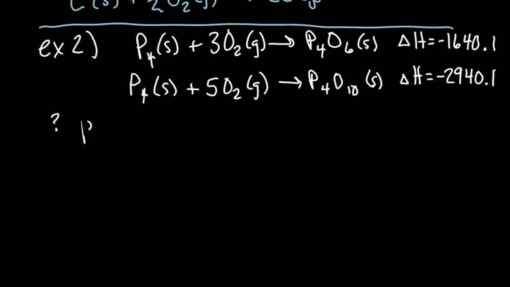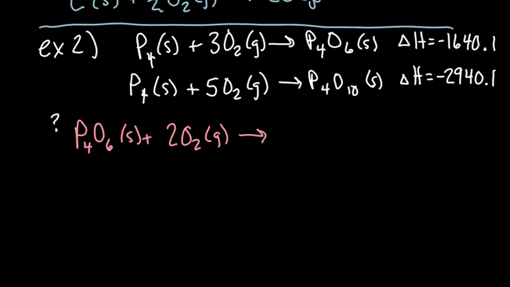Okay, and our question is, what is the delta H for P4O6 solid plus 2O2 gas going to P4O10 solid? I want to know the delta H for that. Alright, so like I said, the first thing we want to do is go through our equation and find the individual parts.